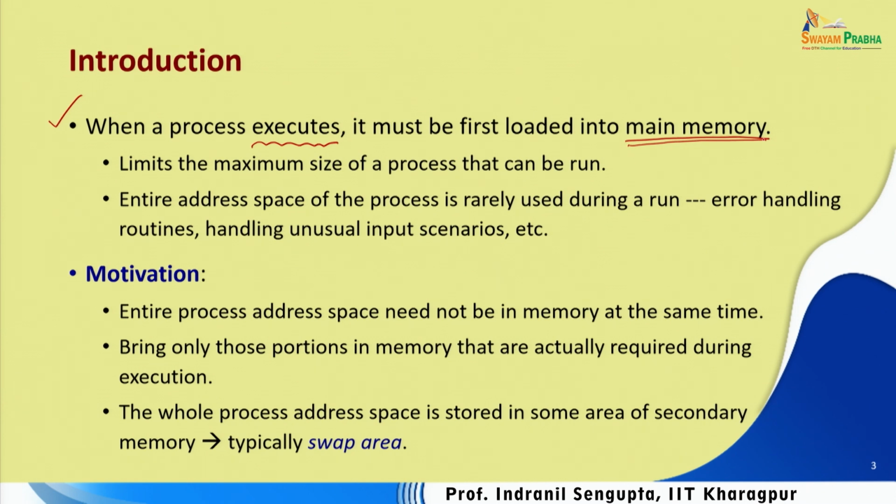The main reason is that the instructions of a program execute on a processor, on a CPU, and the CPU can only access main memory directly. It fetches an instruction from main memory, executes it, and then whatever the result is, it can store back into main memory. So, unless the program is loaded into main memory, the CPU cannot execute it. This is one of the main requirements: when we start executing a program, the instructions must be in main memory.